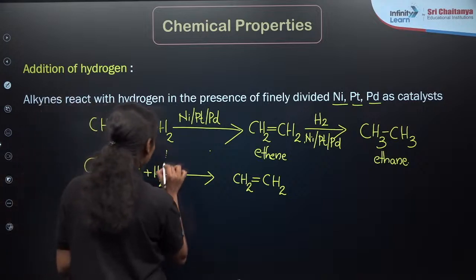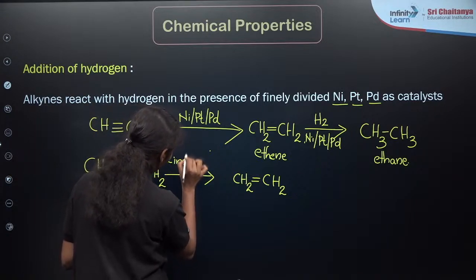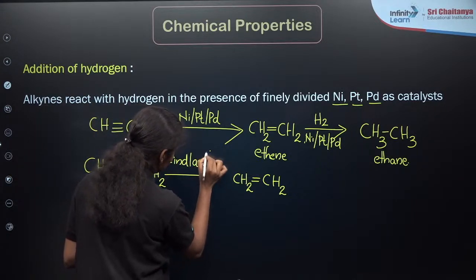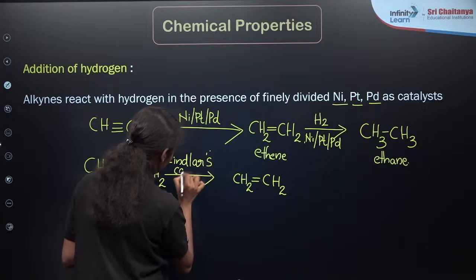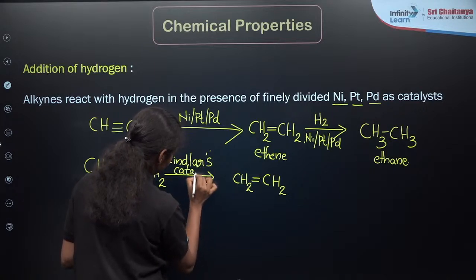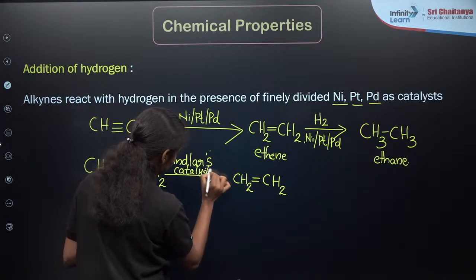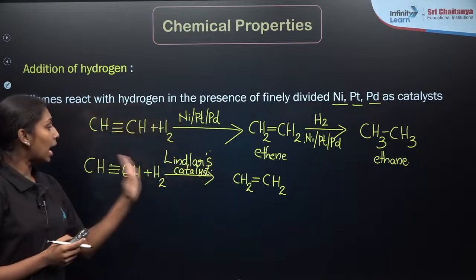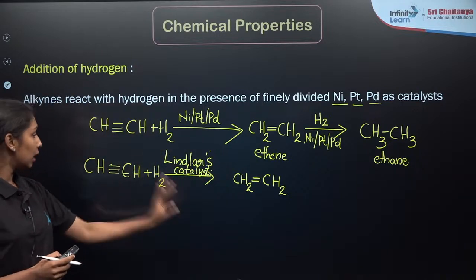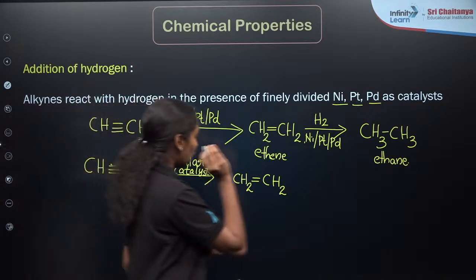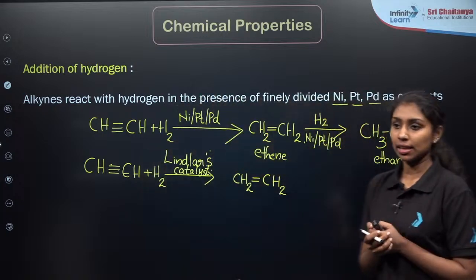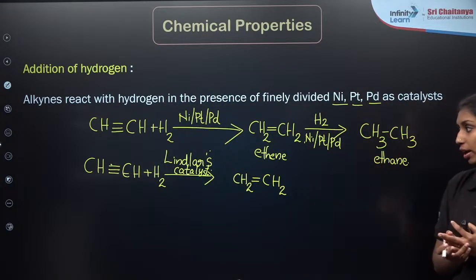If I am taking Lindlar catalyst, as we already discussed in the case of alkenes, this is a Lindlar catalyst, palladium in presence of barium sulfate. If I am adding hydrogen in presence of Lindlar catalyst, the product will be restricted to alkenes only, right?